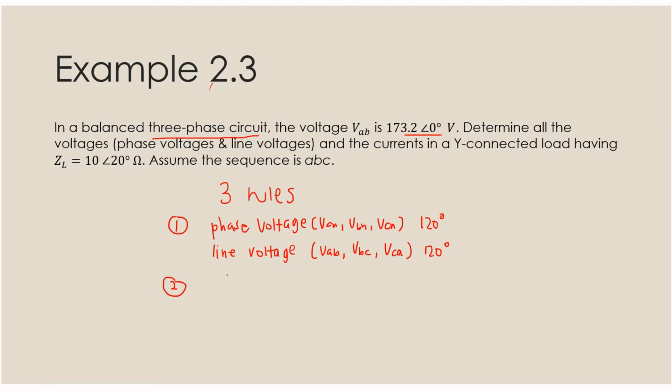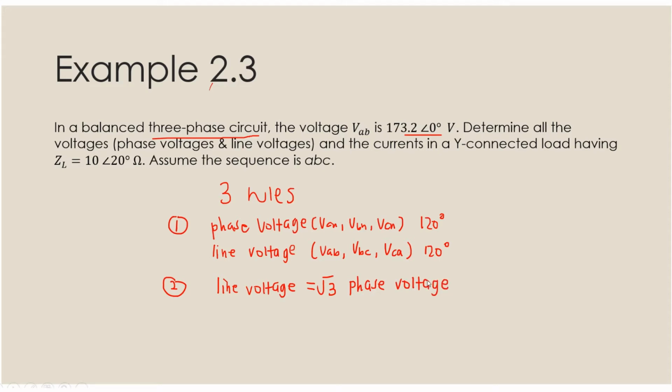Rule number 2 says that the line voltage is square root 3 of the phase voltage.